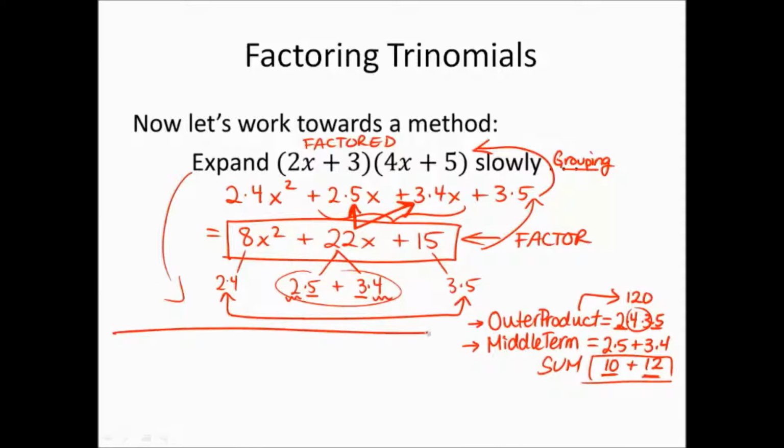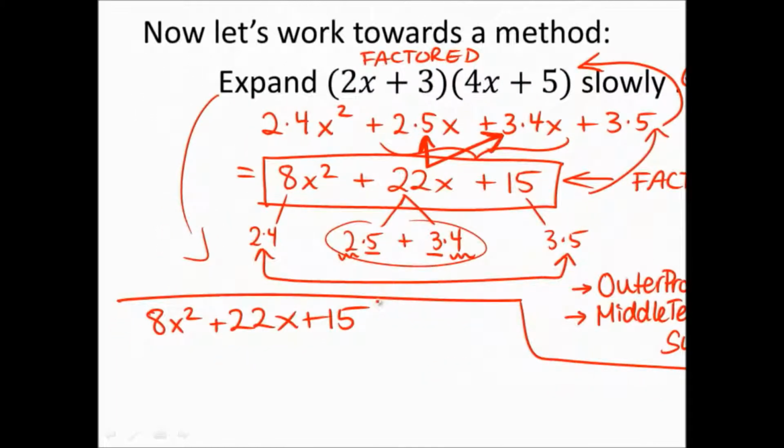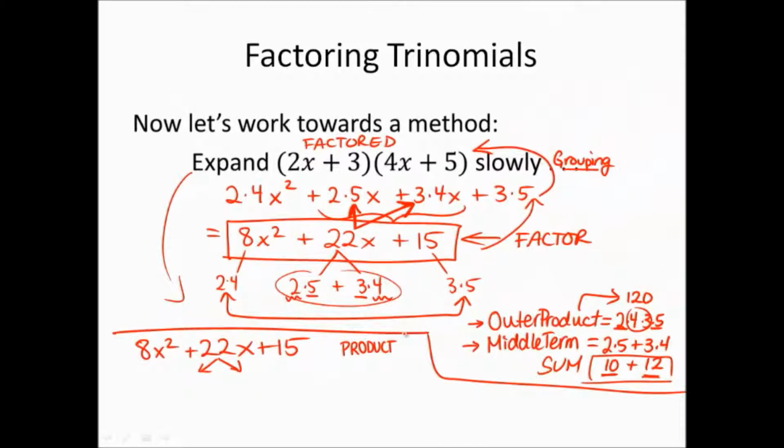Okay, so if you were just taking a look at 8x squared plus 22x plus 15, you would say, what's my product of the two numbers that are going to help me split this into a grouping question? The product is 8 times 15. And 8 times 15 is 120. The sum of my two numbers needs to be 22 because I'm splitting the 22 up. So basically we're looking for two numbers that multiply to 120 and add up to 22.